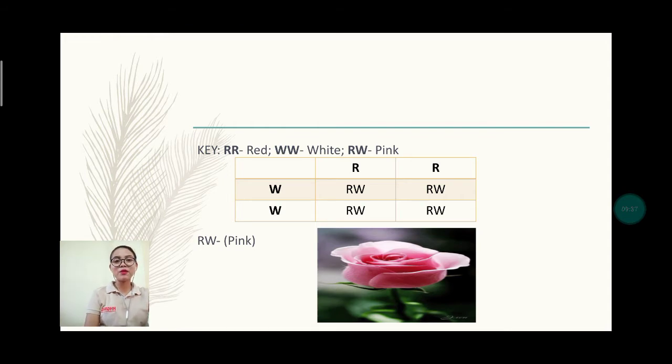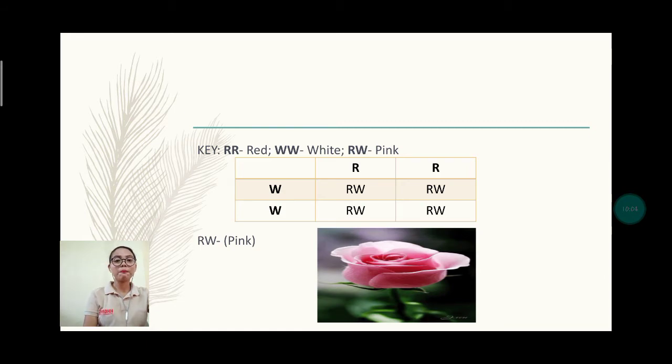So, what is the possible offspring upon breeding pure red roses and white roses? You're right. The possible offspring of these two variety of roses is pink, or it is indicated on the RW.